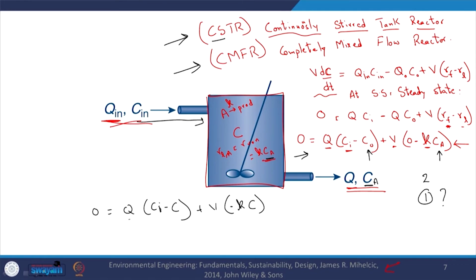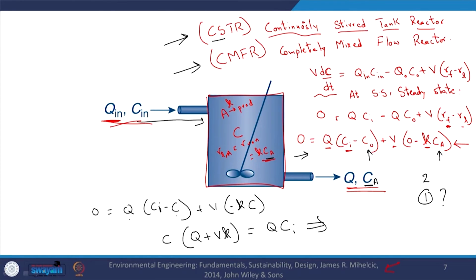I will take this term and this term to the left hand side. Taking C as a common term, I will have Q plus volume into K, times C, is equal to Q into C in.